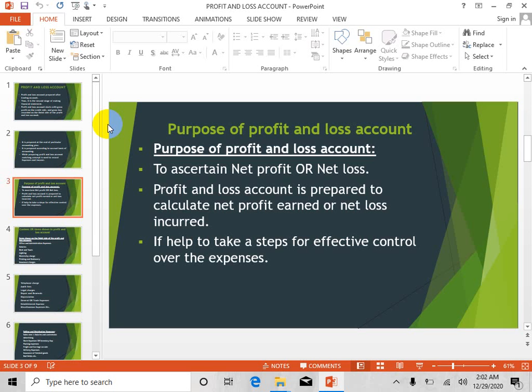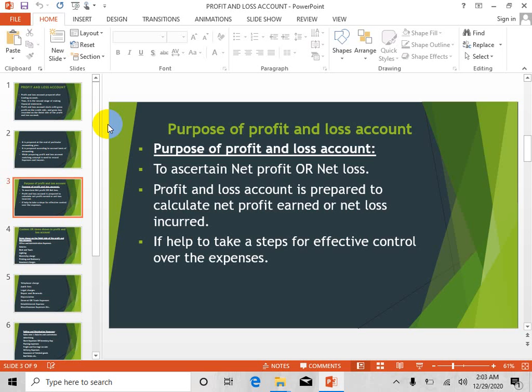If we face a net loss, then we record the net loss on the debit side. It helps to take steps for effective control over expenses. All the indirect expenses we record in the profit and loss account, right? And indirect income we record on the credit side of the profit and loss account, right?